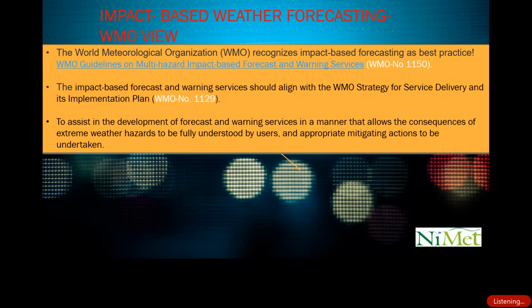This extends the development of forecast and warning in a manner that allows the consequences of extreme weather hazards to be fully understood by users and appropriate mitigation actions to be undertaken. By so doing, governments, communities, and individuals become more resilient through actions to integrate weather and climate information into decision-making processes for a better marine ecosystem.